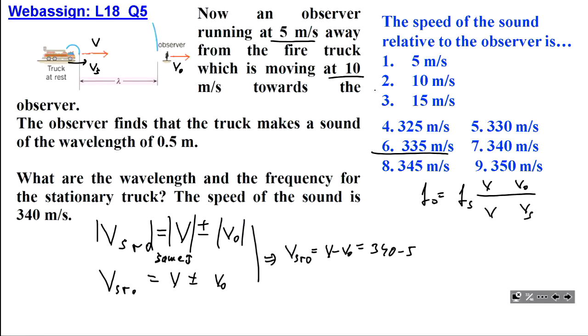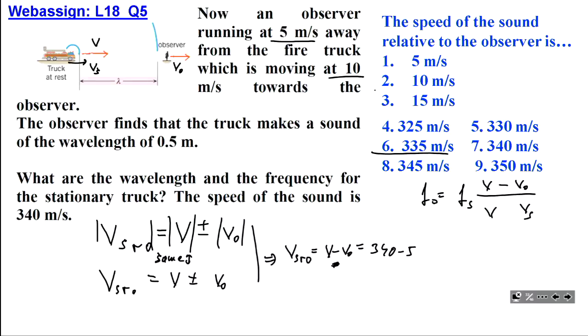And I have to choose between a plus and a minus everywhere. So for the observer, a minus. This is basically the same minus as this one.